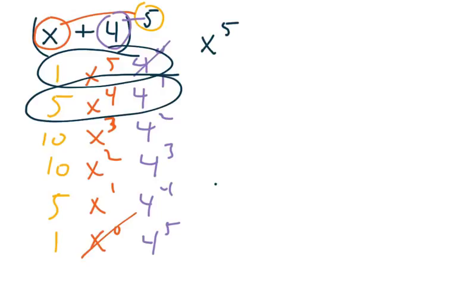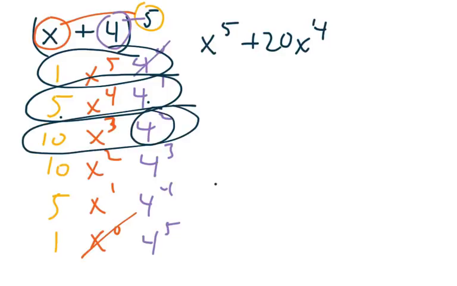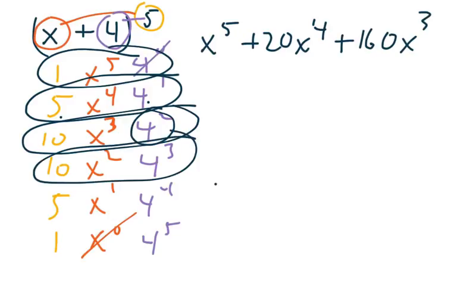Putting this together, 5 times 4 is a plus 20x4. Putting this together, 4 squared is 16. So I'm going to do 10 times 16, or 160x3. Putting this together, 4 to the 3, use your calculator, but that's just 64. Times 10, I'm going to have a plus 640 x squared.